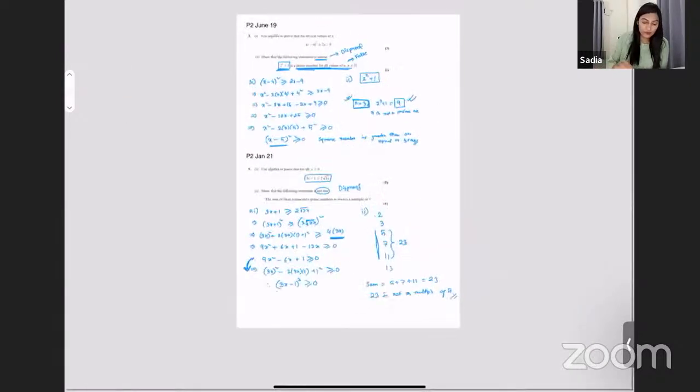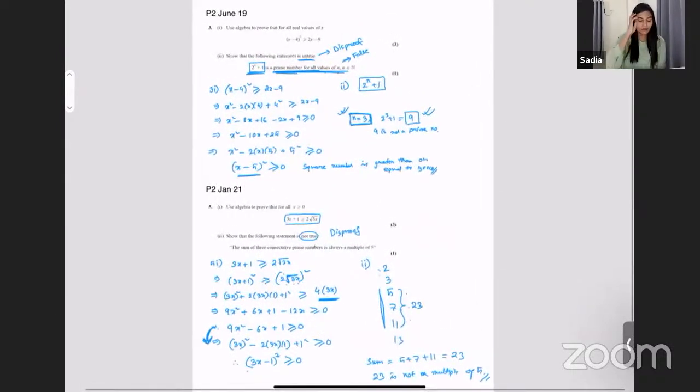Okay, so we are done with 2 problems. One from June 19, and the second one is from Jan 21. Next, I will continue with this year 21. So the next year should be May 21.